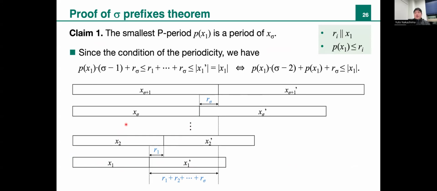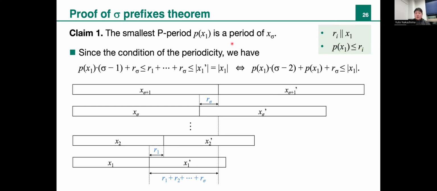So these are the basic conditions in this assumption, the conditions that I explained in the previous slides. So every Ri is a parameterized period of x1, and it is clear that the shortest period of x1 is smaller than or equal to Ri for any i.